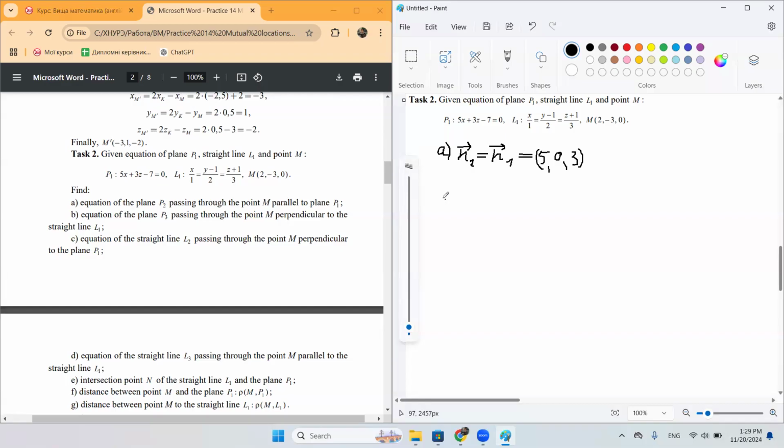So what we have for P2, 5 times x minus 2, skipping y, plus 3z equals 0. So finally, 5x plus 3z minus 10 equals 0. And that's it.